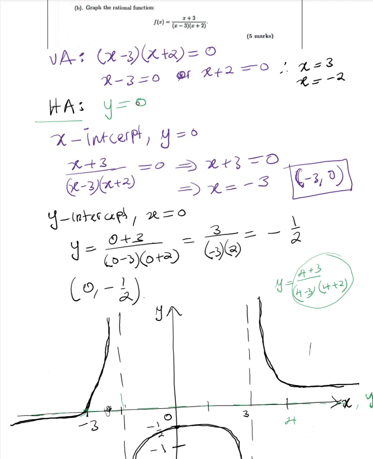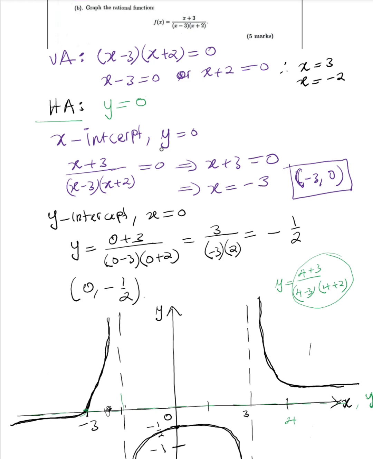Now the horizontal asymptote is found by observing the powers of x in the numerator and in the denominator. If the difference is just 1, as in the power of the numerator is 1 less than the power in the denominator, then the horizontal asymptote is the line y equal to 0. And if the powers are the same, then the horizontal asymptote is just the ratio of the coefficients of the highest power. Okay?